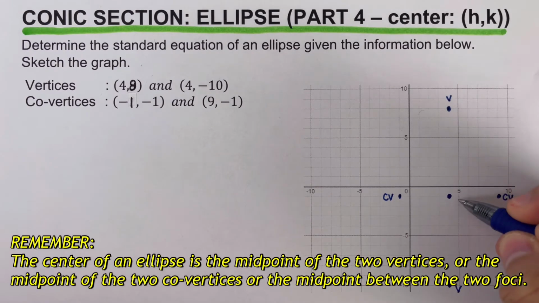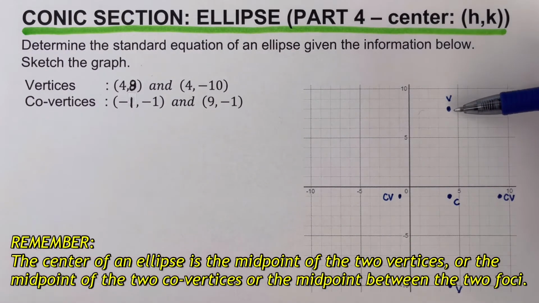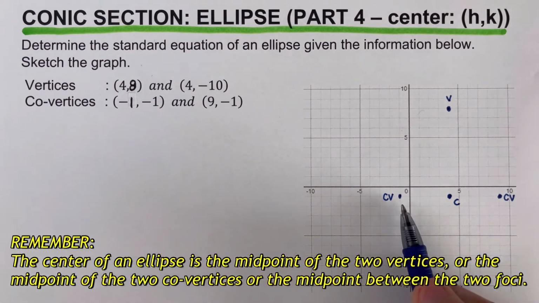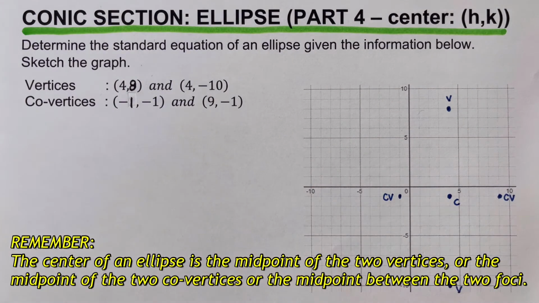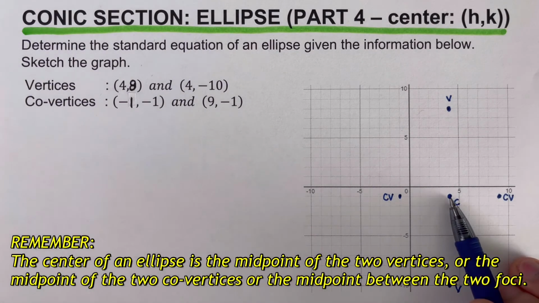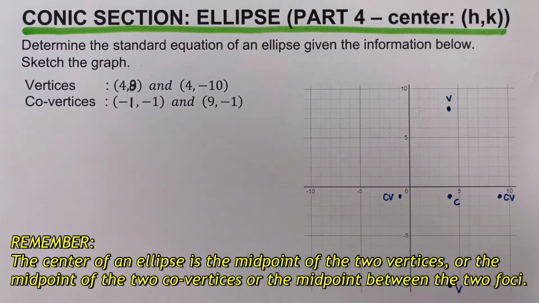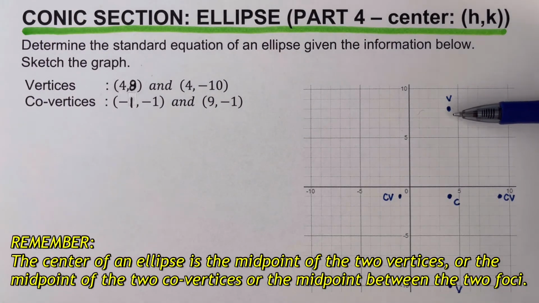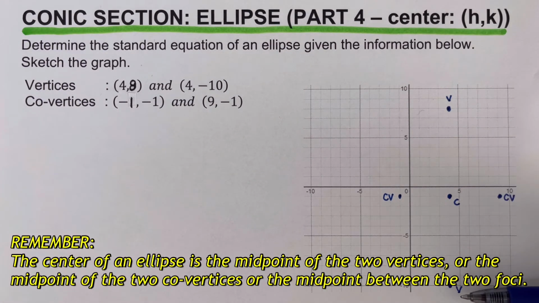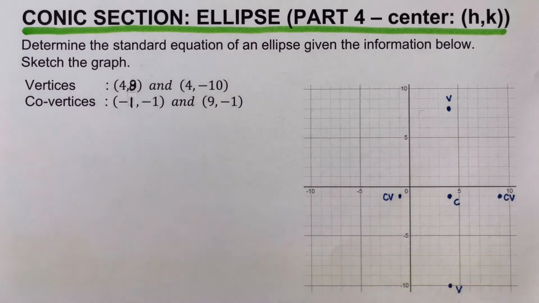So this is the center between these two vertices and the center between these two co-vertices. So the coordinate of the center is 4, negative 1. And since the two vertices are vertical relative to each other, this is an example of a vertical ellipse. So I'm going to go ahead and write that information up here.